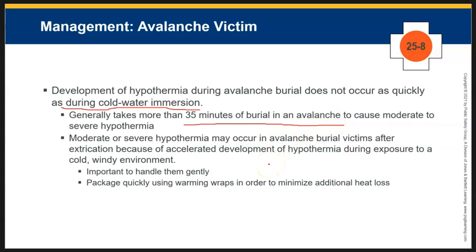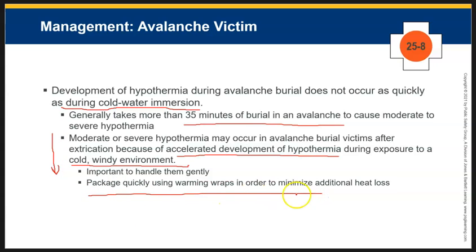Now remember that traumatic injuries can accelerate development of hypothermia. We're also still likely out in the cold and with the wind, convective heat loss, so handle the patient gently and understand that these symptoms can set in a little bit later. Proper packaging is critical.